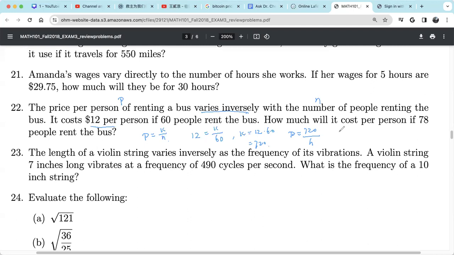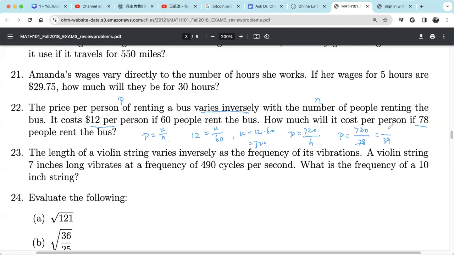Now the question is asking, how much will it cost per person if 78 people rent the bus? That's 720 divided by 78 people. Let's divide by 2, get 39.